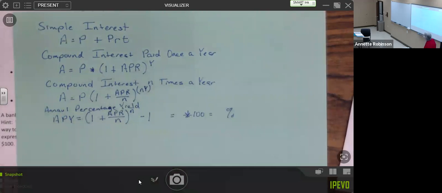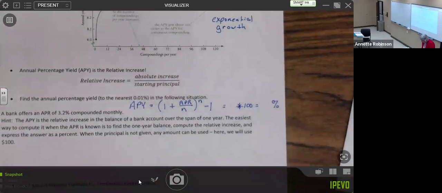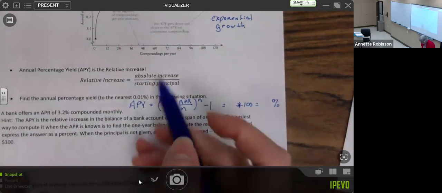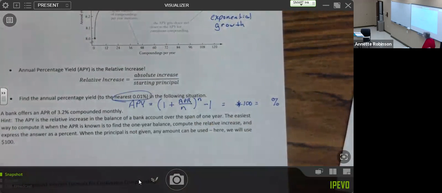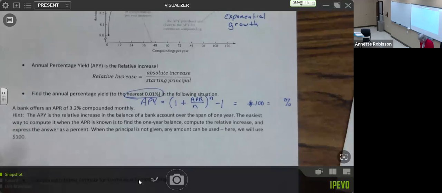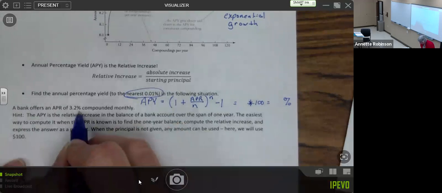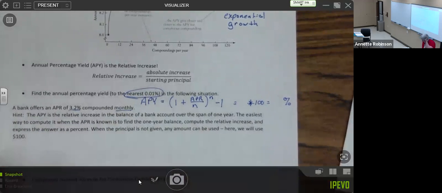So let's continue giving titles. In this case, please note it says round to the nearest 0.01, so 2 digits behind the decimal. A bank offers an APR of 3.2% compounded monthly. And the APY is a relative increase in the balance of the account over the span of 1 year.